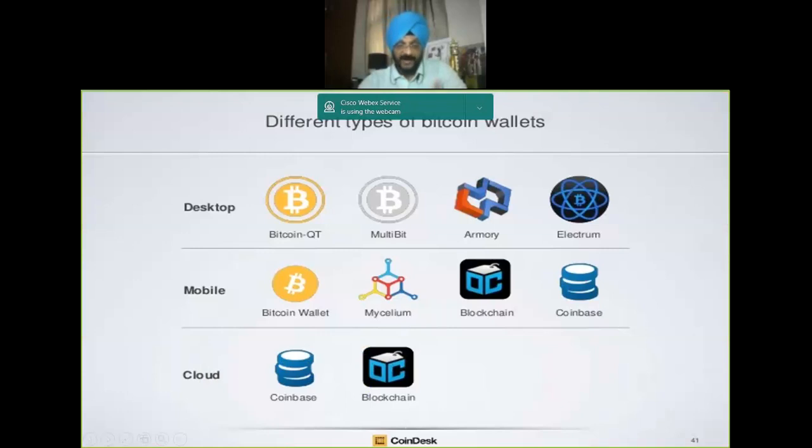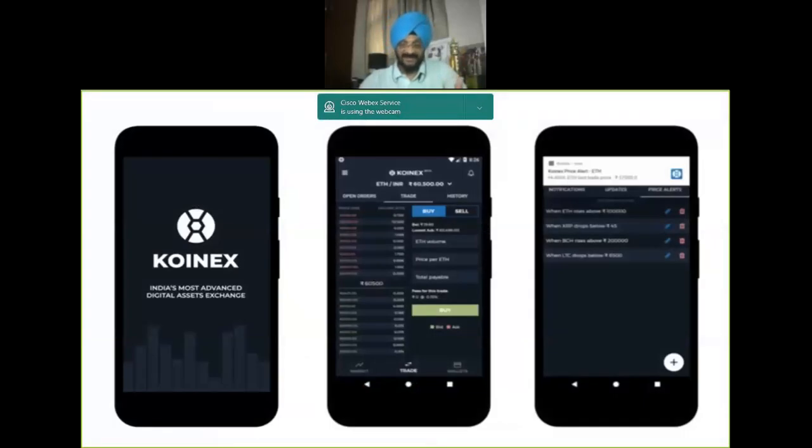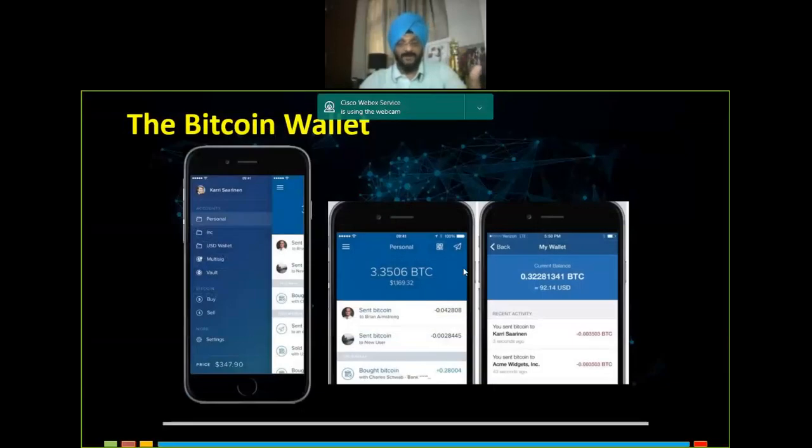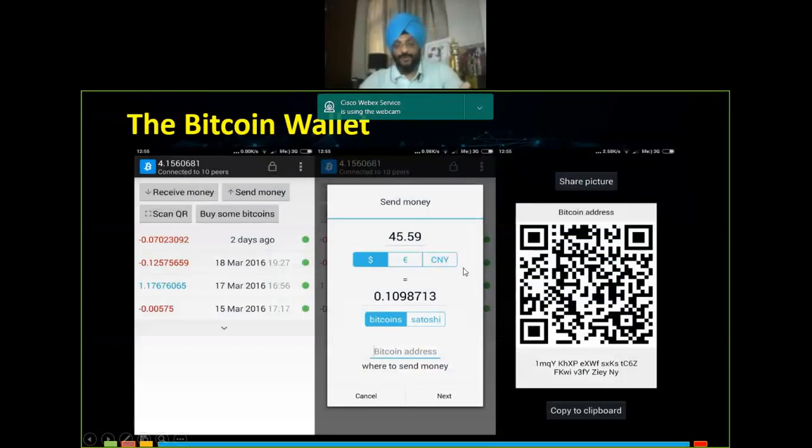So there are different kinds of wallets. There are desktop wallets, mobile wallets, and cloud wallets. Coinex is a wallet where you can store Bitcoin, and this is the way you transact. You have different Bitcoins, and you can send and receive money like a normal wallet.